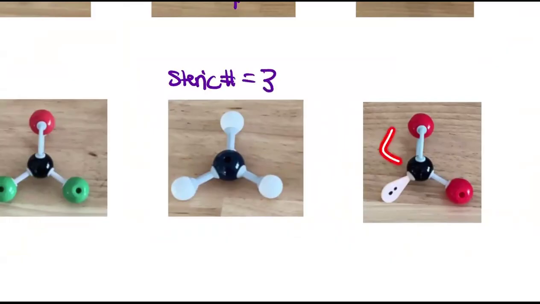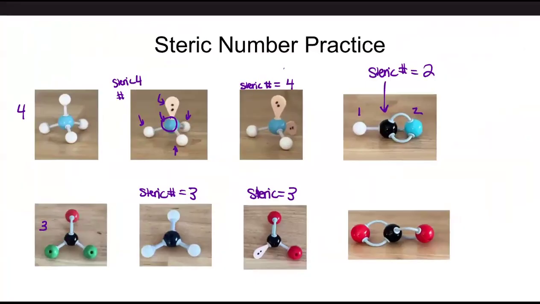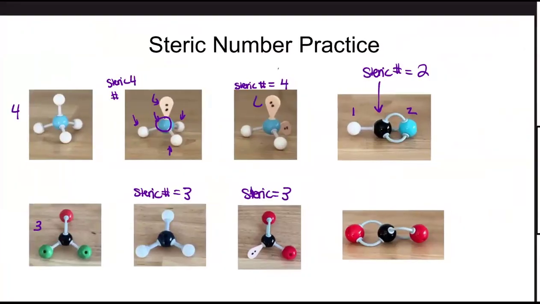And the last one, 1, 2, 3 things directly attached to it. So the steric number equals 3. The steric number is pretty easy to figure out. You just need to remember the number of lone pairs and the number of atoms. And then remembering what the heck is steric number. Steric number is just the number of atoms and lone pairs directly attached.